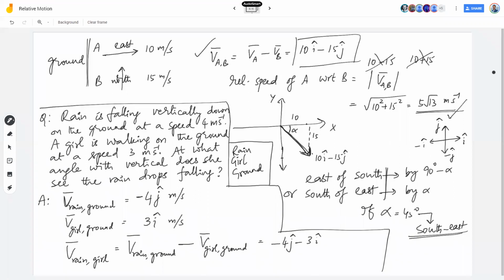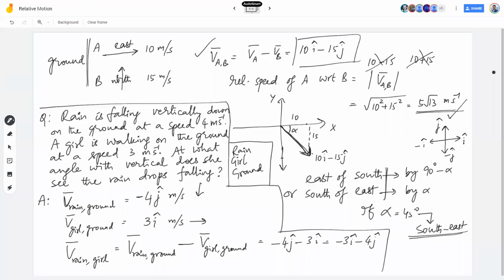Okay, so if she is walking like this, rain is falling like this, but it appears to her that the raindrops are falling with a velocity minus 3 i cap minus 4 j cap. I'm just rearranging the terms. So write i first and j next.